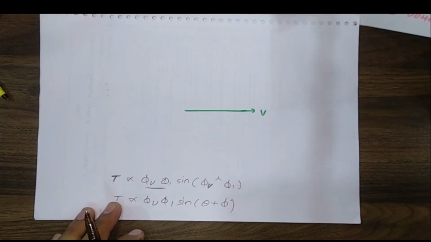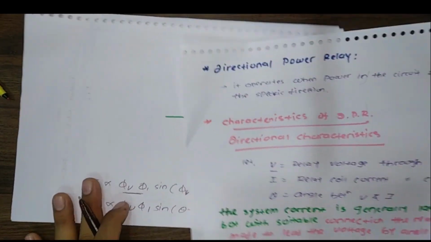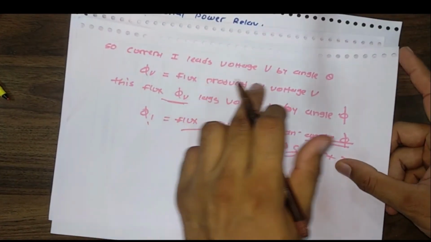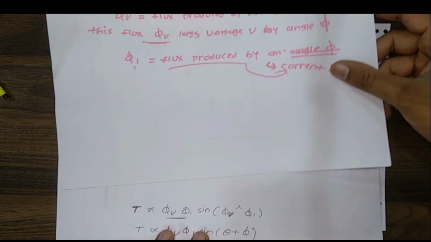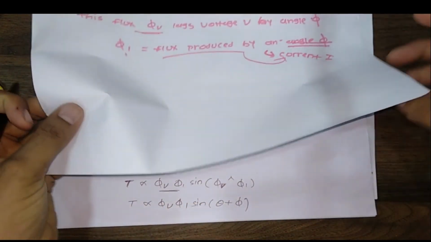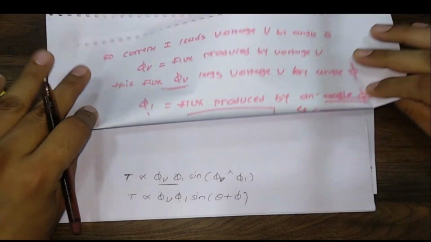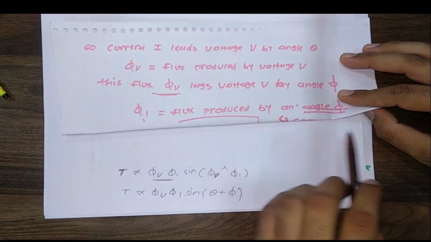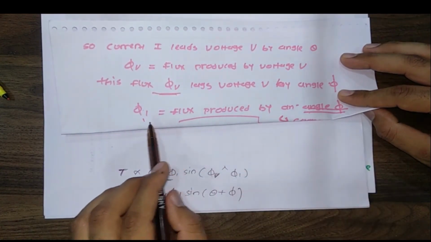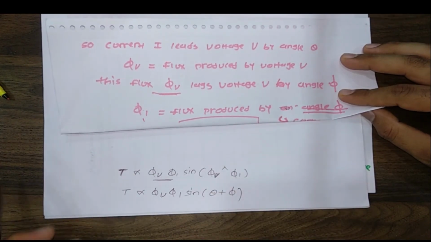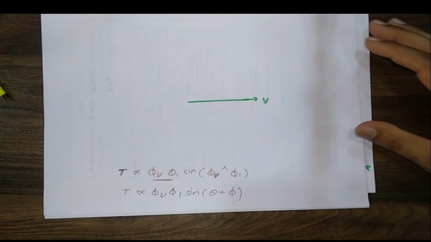Why? Because here you can see that the current I leads the voltage by an angle theta, and this flux phi V lags the voltage V by an angle phi, and the flux phi 1 is produced by the current.